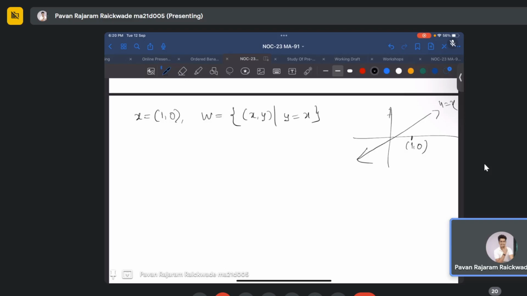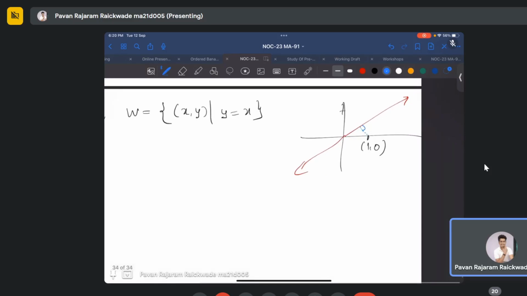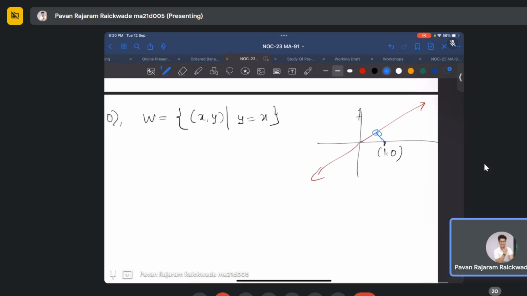This is the point, this is your subspace. I want to find a point on this subspace here which is closest to this point. Any guesses what this point can be?